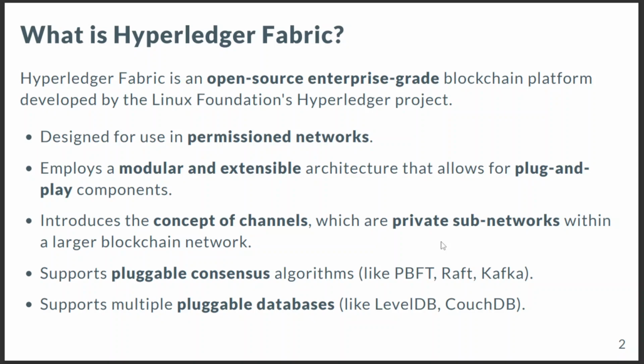Channels are like subnetworks within the main blockchain network. Suppose we have four participants, and they can have a common blockchain network to communicate with each other, and the four members can also have private channels where a separate ledger is maintained for each channel to communicate with.